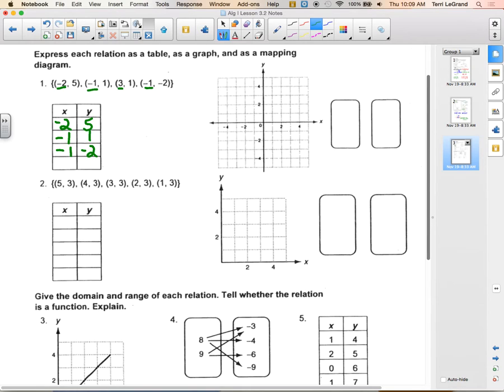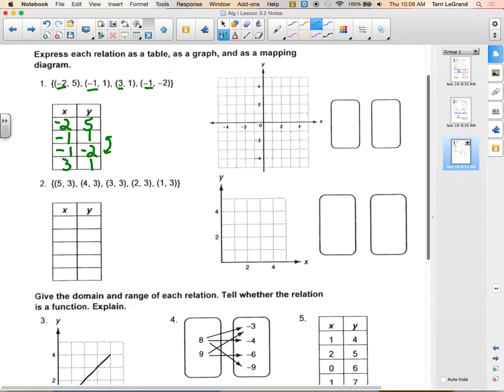No, we're only keeping the x's in numerical order here. Would it matter though? No, it would not matter. These two could switch up. That would not be a big deal. And then, last but not least, we have our ordered pair 3, 1.